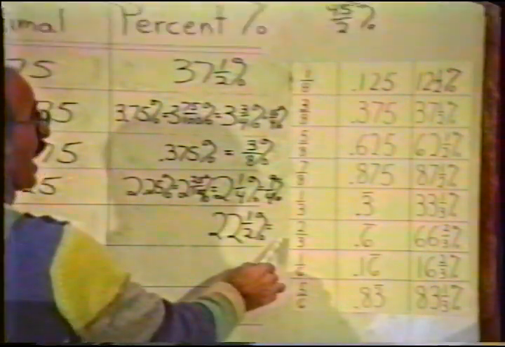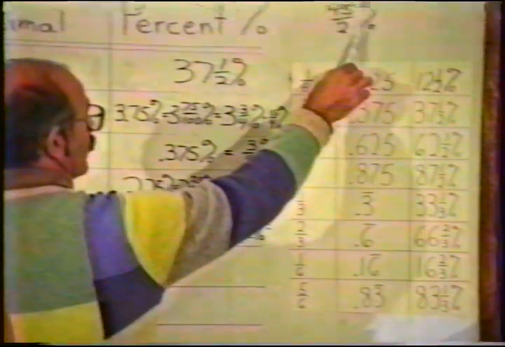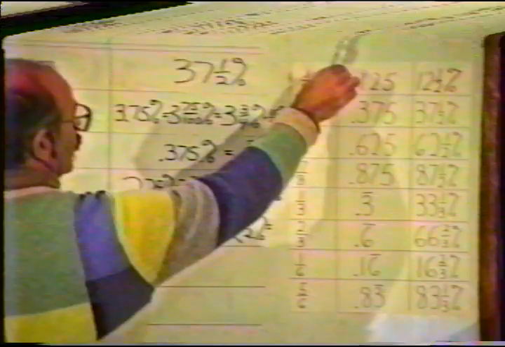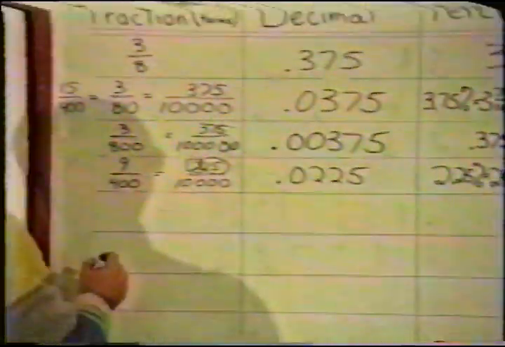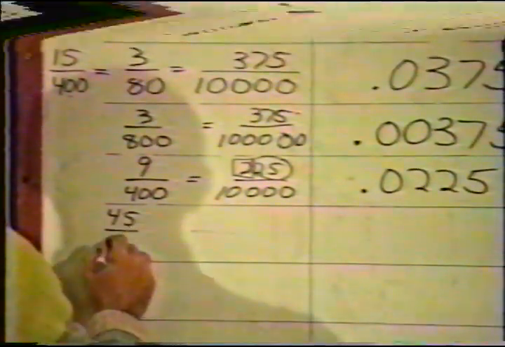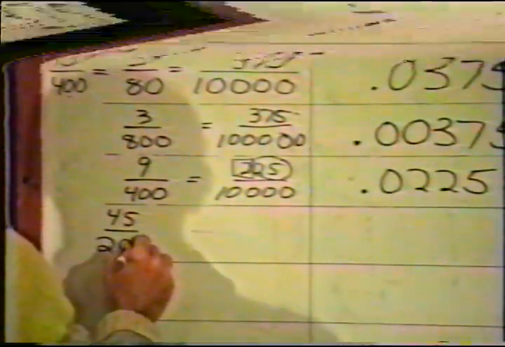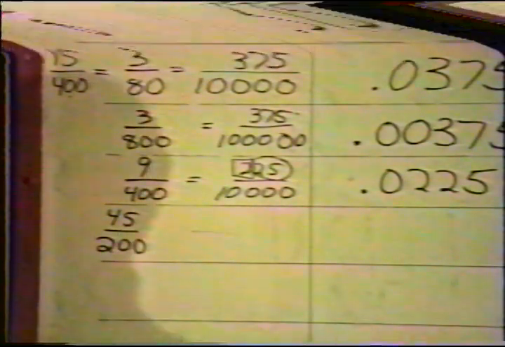To change that to a fraction, I take off the percent sign and add what? 2 zeros on the bottom. 45 over 200. Can that be reduced? Yes.